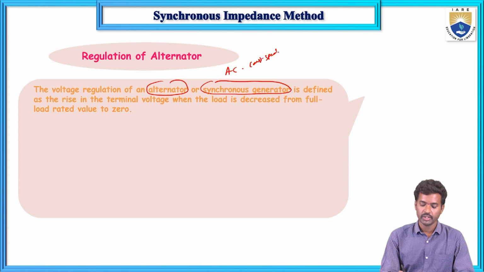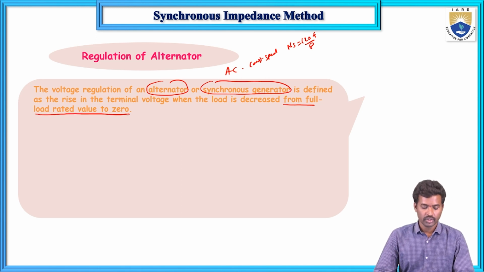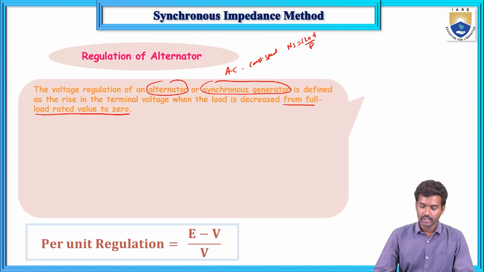Constant speed means Ns equals 120 f by P. Regulation is defined as the rise in terminal voltage when the load is decreased from full load rated value to zero. This is known as regulation. So the regulation formula is (E minus V) divided by V. This is per unit regulation.